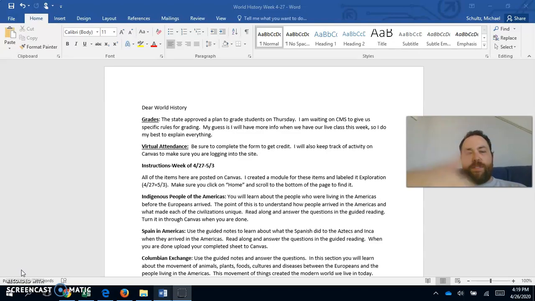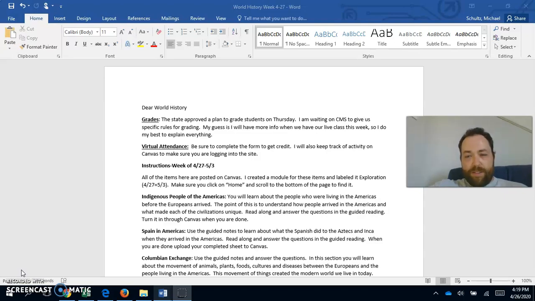The first topic will be the indigenous people of the Americas. That's just a fancy way of saying who was living here before the Europeans showed up. So Aztec, Inca, Maya, and you'll be learning about where they lived and what their achievements were. The next thing you're going to talk about is when the Spanish show up and what they do to them.